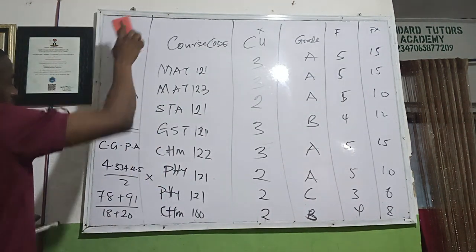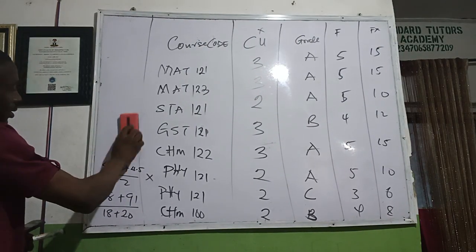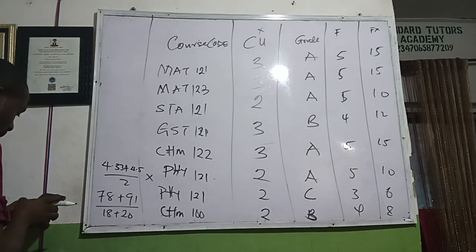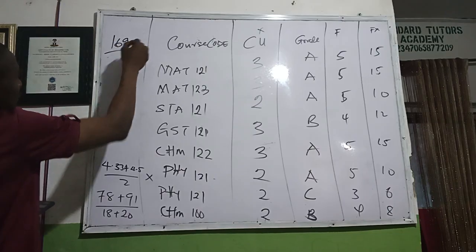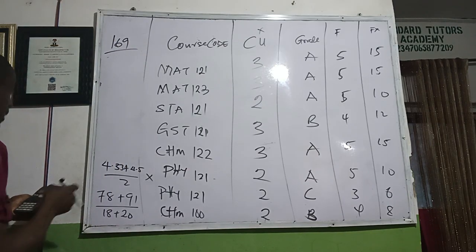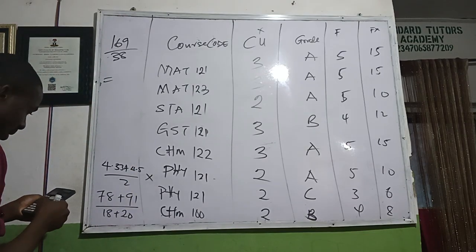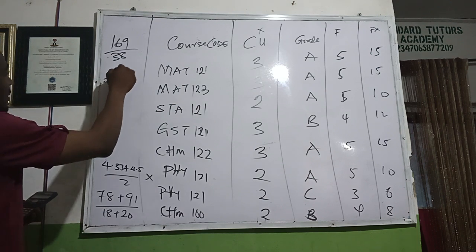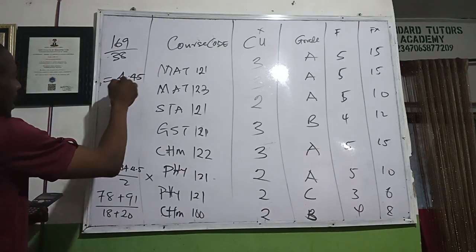At least we have known the GPA of that student. So it's going to be 78 plus 91, which gives us a total of 169 divided by 38. This is how to get your C.G.P.A, and it will continue like that. So this student finally ends his 100 level with 4.44, 4.45 approximately.